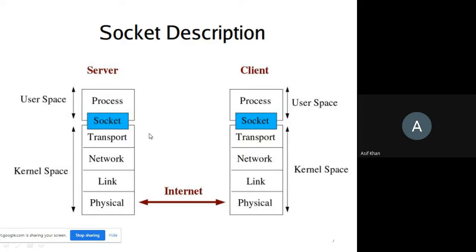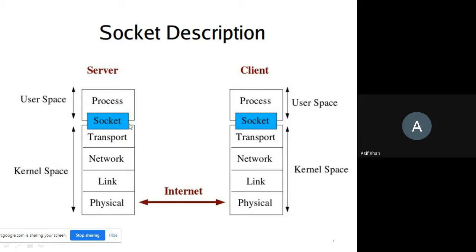As I told you, a socket is the endpoint of communication in a network. When you are communicating with your friend, the endpoint of communication is created by the socket. If you see it in the layers of the TCP/IP model, it is in between the application layer and the transport layer.